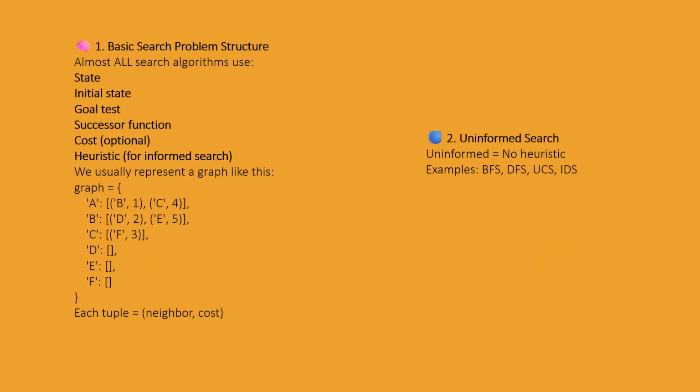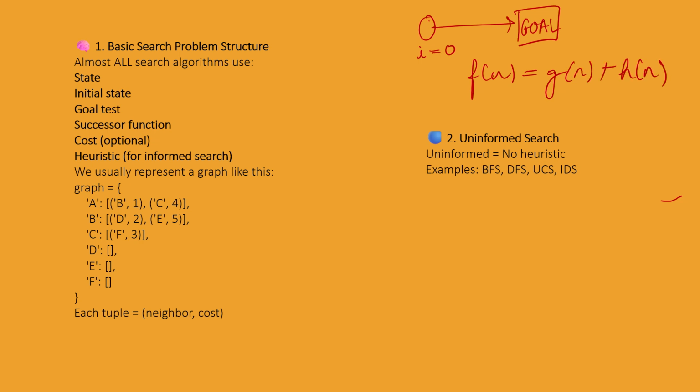First of all, let's understand a basic search problem structure. Almost all algorithms use a state, an initial state and a goal state. This is your goal. This is your initial, i equal to 0 to goal. And there will always be a function associated, like in A star we have f(n) = g(n) + h(n).